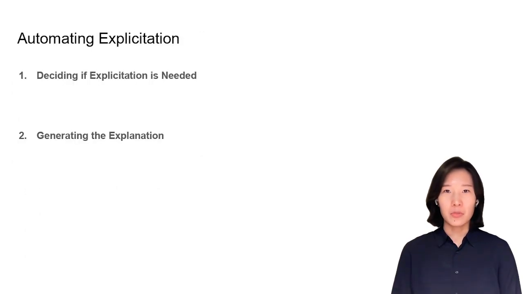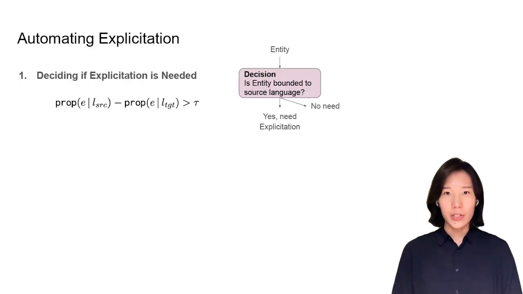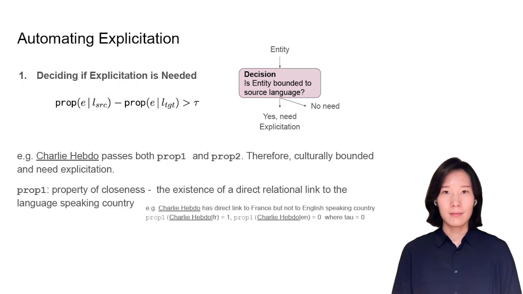Now, based on the samples we collected, we automate the explicitation process, mimicking human translators. The process can be divided into 2 parts, decision and generation. We use a similar decision function from the earlier detection phase. We further optimize it to have better accuracy by diversifying the definition of cultural boundness and implementing it as a property conditioned on each language.